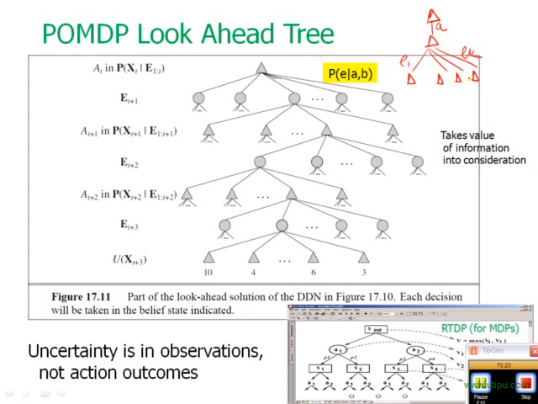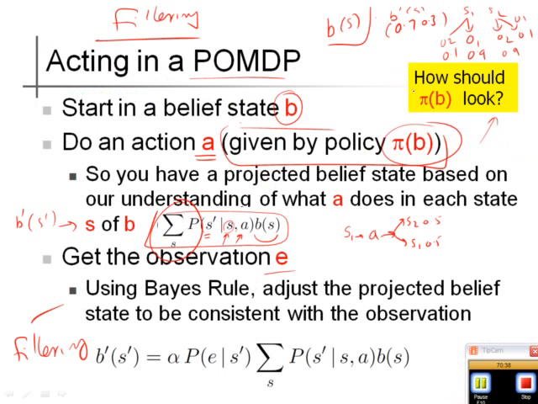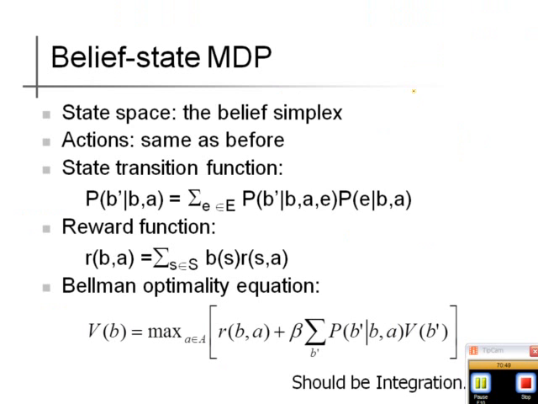I know how to compute this: for any specific action and evidence combination, I can compute that belief state using this. In the execution case, it actually happened; in this picture, you are imagining it happening. The interesting thing is, you drew pictures like this for MDPs.